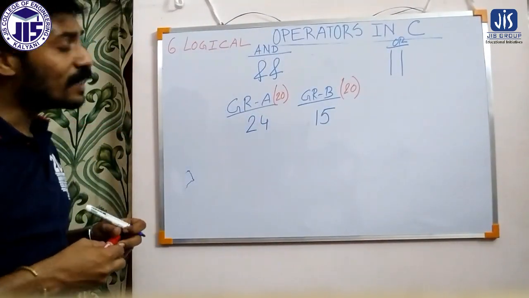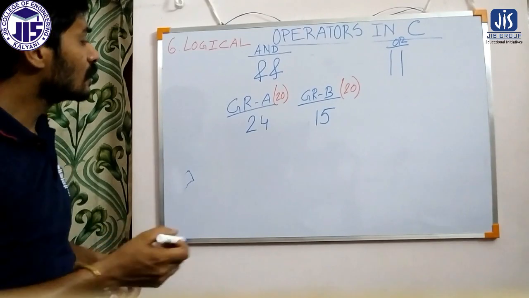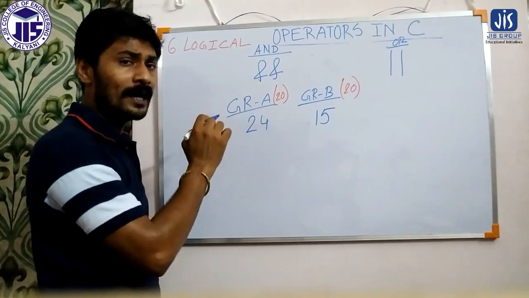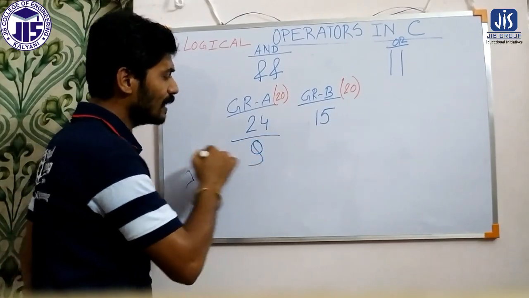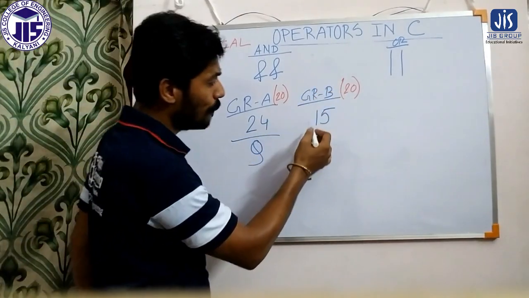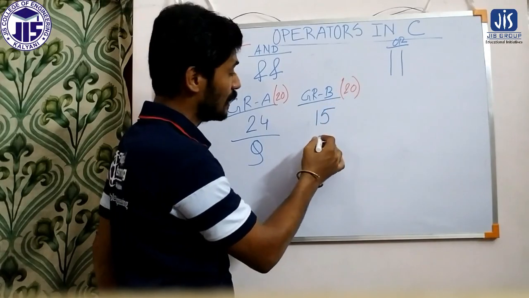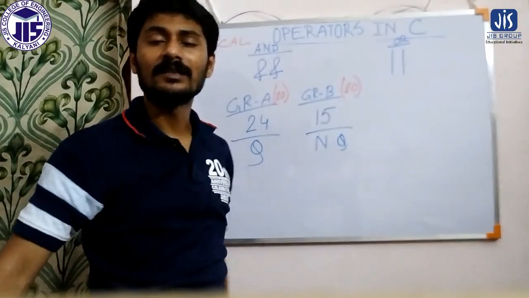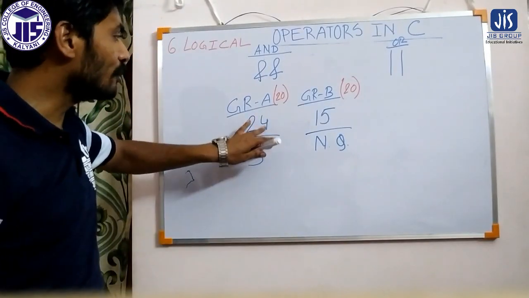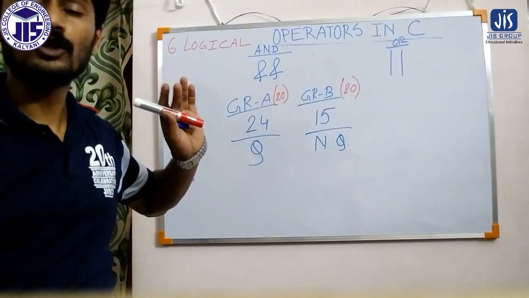So here you can see the student who has scored 24 in group A, that is greater than 20, so it is qualified in group A. But in group B, my score is 15, that is less than 20. So that is non-qualified. So in group A I have qualified, in group B I have not qualified.